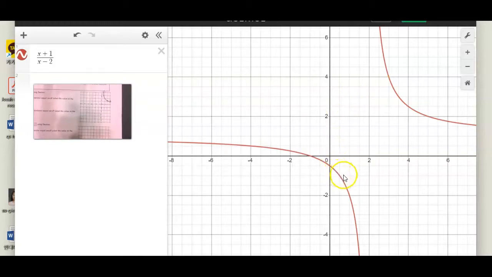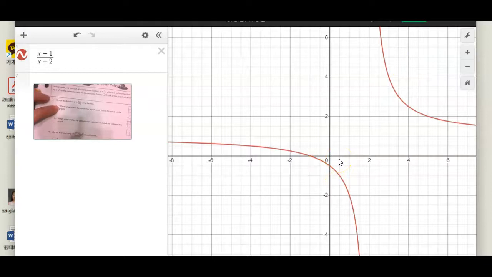The bottom left points can be like 1 comma negative 2 and negative 2 comma about 0.5. I think those are two good points. Let's connect them right there. Okay, so did you graph that, just like what you see on Desmos?